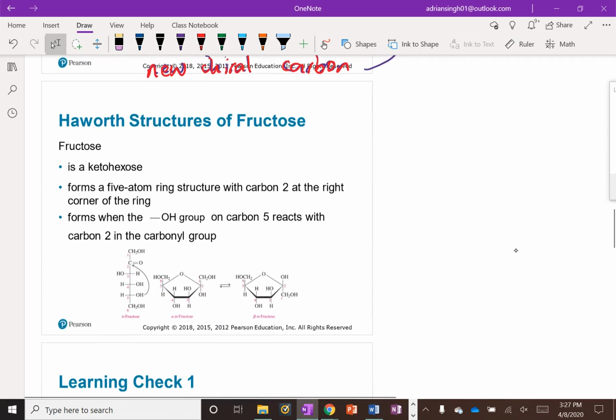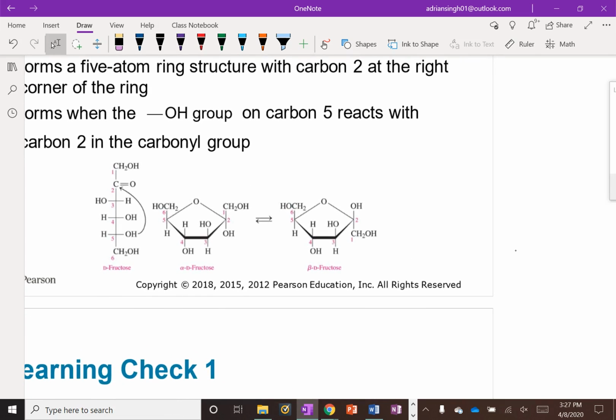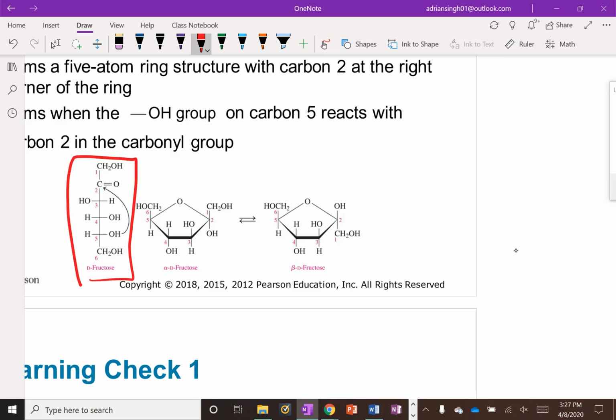What about when you have a ketone as part of the sugar, as in the case of fructose, right? So remember, fructose is a ketohexose. There's a ketone group and 6 carbons in the chain. Something similar is going to happen. Here we are going to take our open chain, tilt it over to the right side, and then the tail end of it, where carbons 4, 5, and 6 are, is going to fold back around, okay?